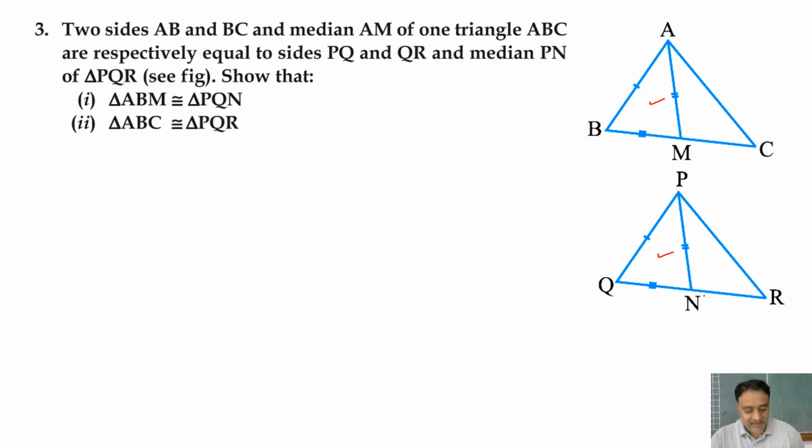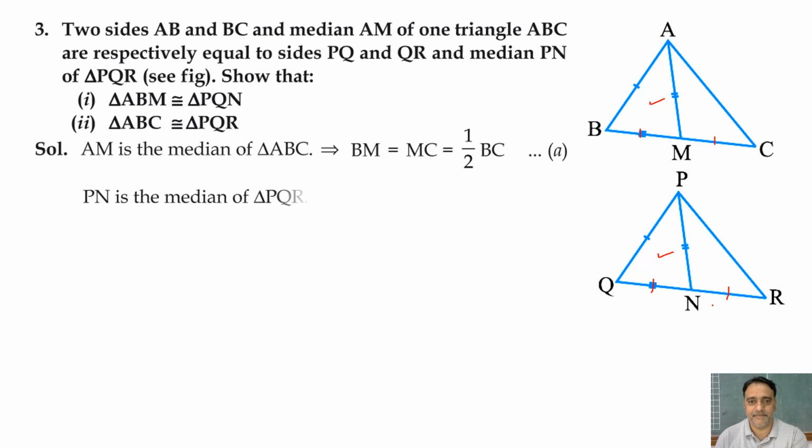So सबसे पहले AM is the median. So these two sides are equal. And these two sides are equal to half of BC. Similarly, these two sides are equal to half of QR. That will be our first step.